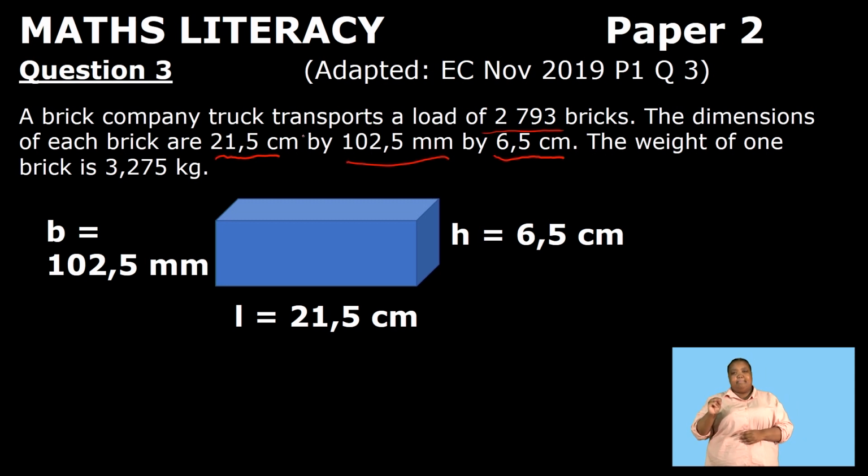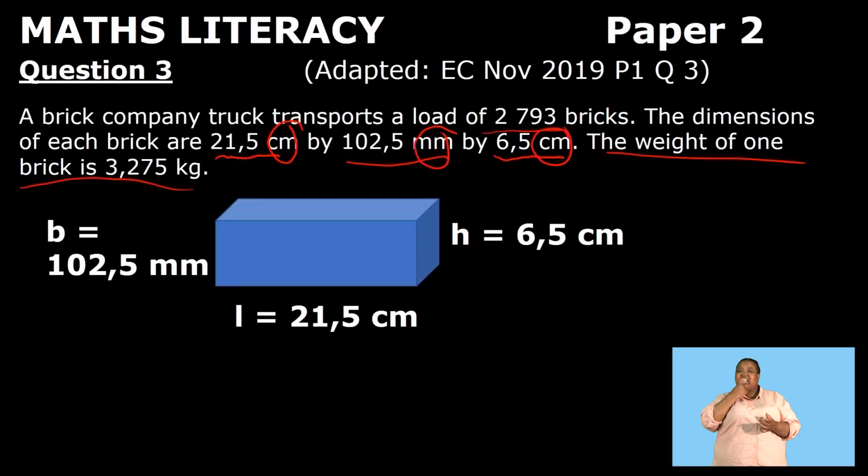They gave us a dimension in centimeters, in millimeters, and then in centimeters, meaning somewhere we will need to convert, and we need to pay special attention to the question where they ask you to give the answer in a specific unit. Then you'll know how to convert.